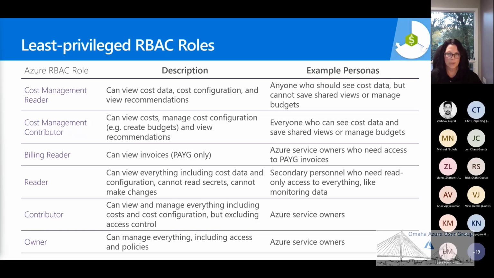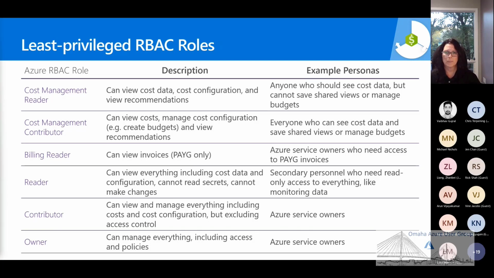So the cost management reader is very similar, except it's specific to costs. And so a person assigned this role can view cost data, cost configuration, and view recommendations. So this is for anyone who should be able to see cost data, but not able to look at shared views or manage budgets.